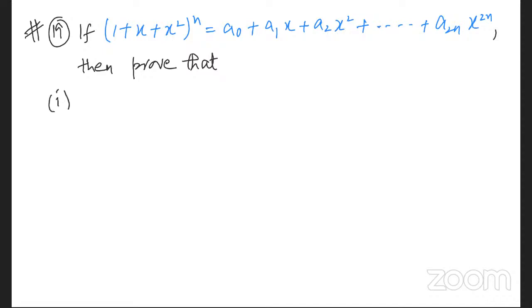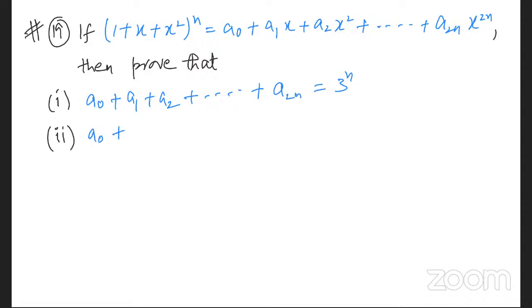Prove that the first one is a₀ + a₁ + a₂ + and so on + a₂ₙ = 3ⁿ, and the second one is a₀ + a₂ + a₄ + and so on + a₂ₙ = (3ⁿ + 1)/2.